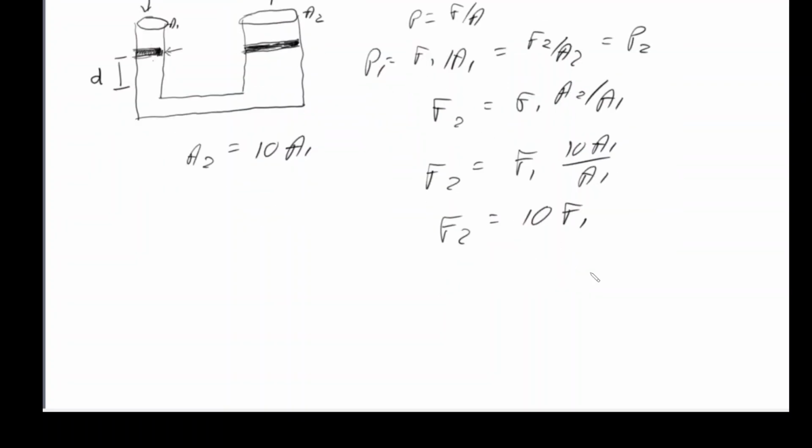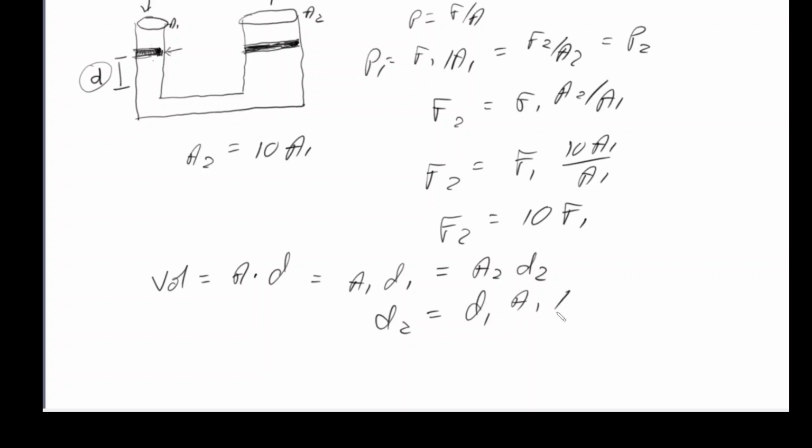Now, what about the distance that the piston would travel? Well, we know that volume is equal to area times distance, and the distance here is how far this fluid is pushed down. So area 1 times distance 1 is equal to area 2 times distance 2, because the volume of fluid being moved down and up in these tubes is the same. So if we solve for d2, that's equal to d1 times a1 over a2.